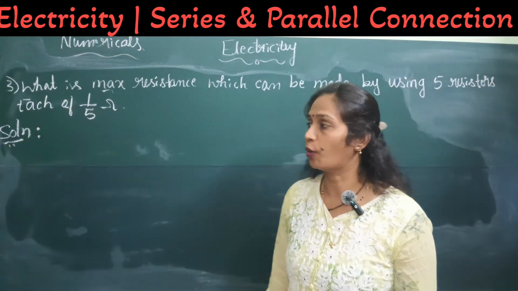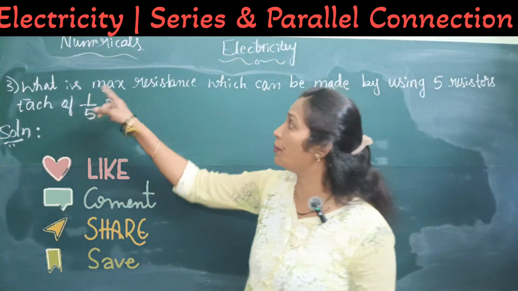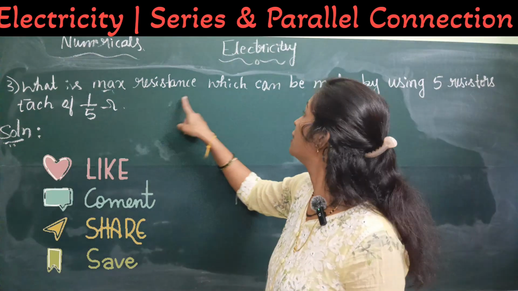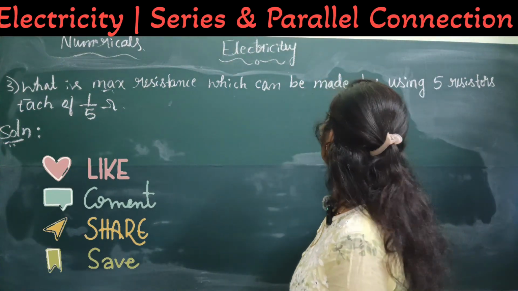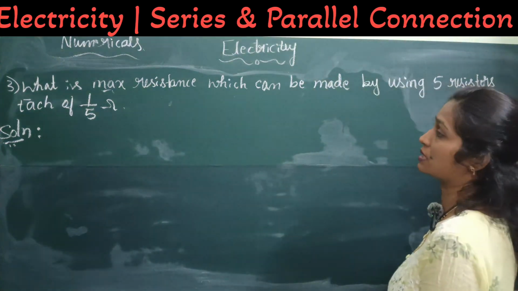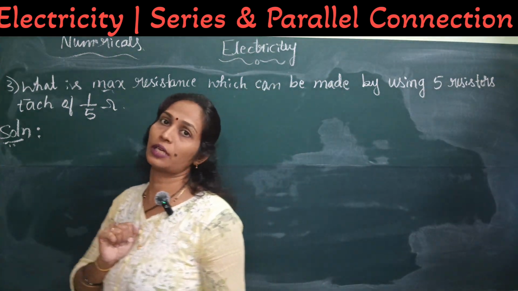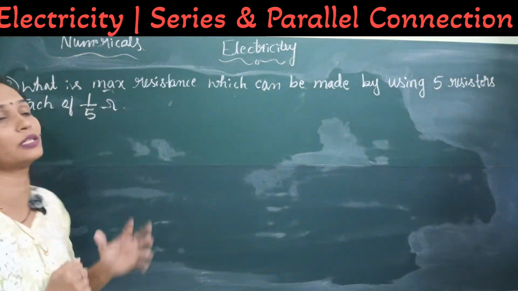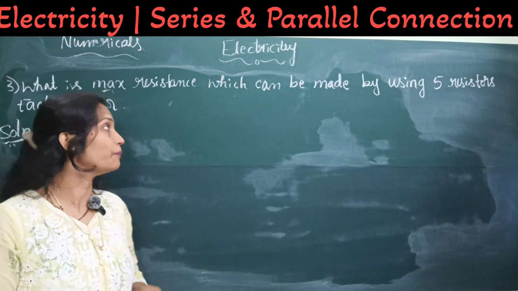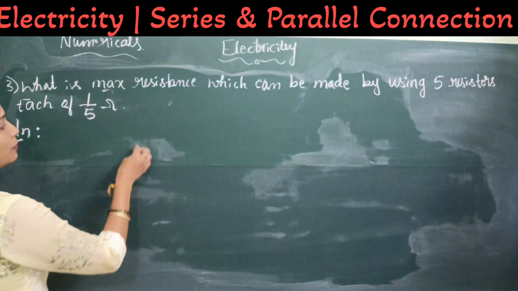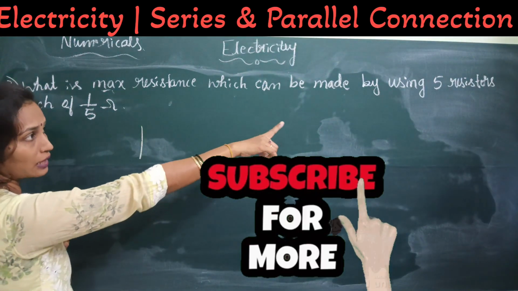Okay, let's move on to the next problem. What they had given: what is the maximum resistance which can be made by using 5 resistors, each of 1/5 ohm. You have to draw the circuit for this, then it is very easy to solve such kind of problems. Okay. First, let me draw. How many resistors are there, guys?